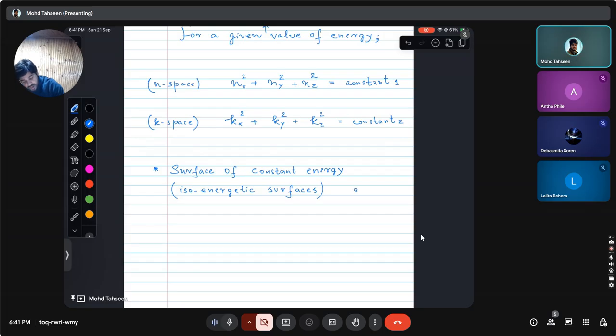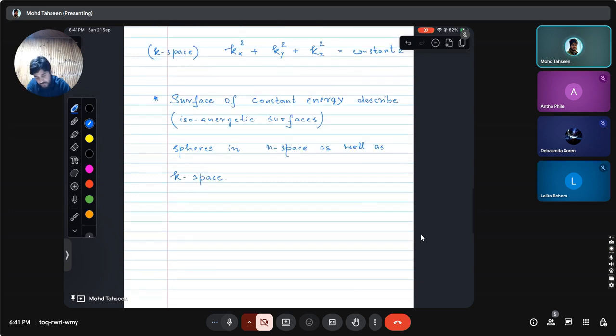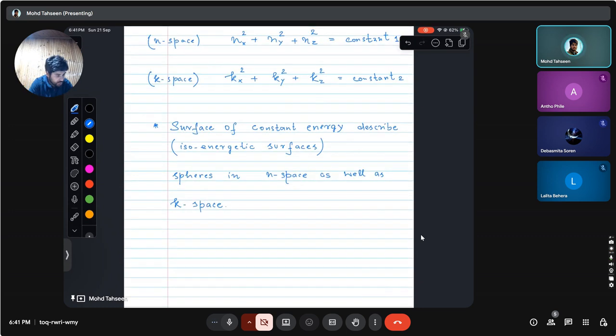They describe spheres in n space as well as k space. Okay, so that is the first point. These are surfaces.